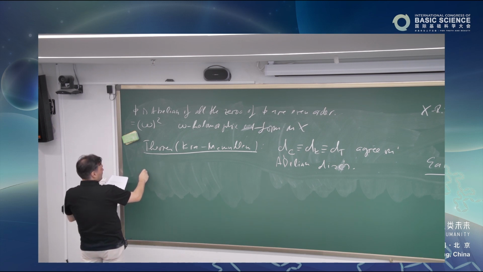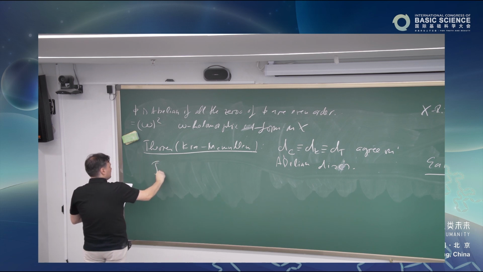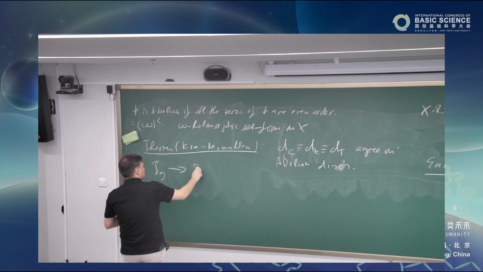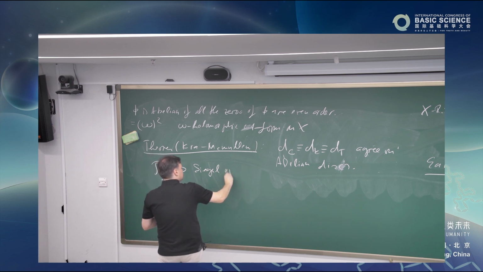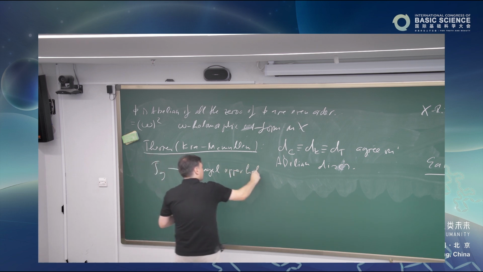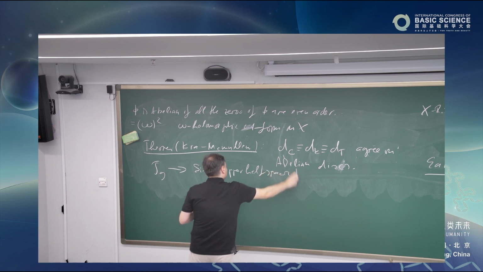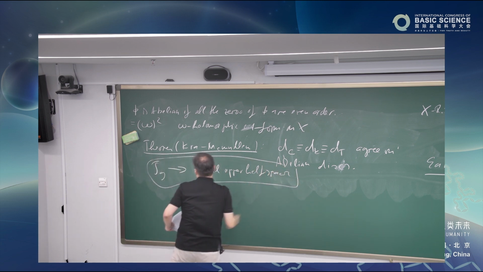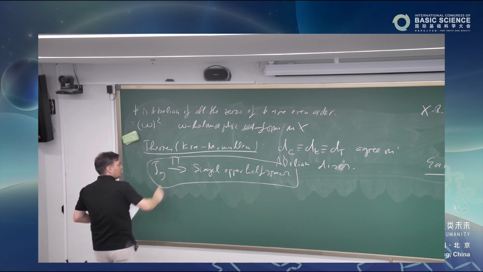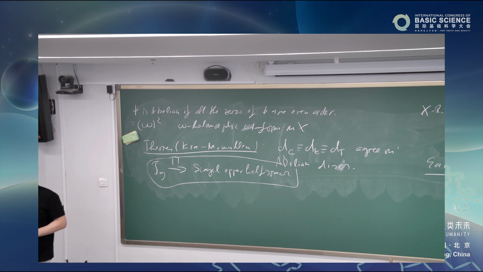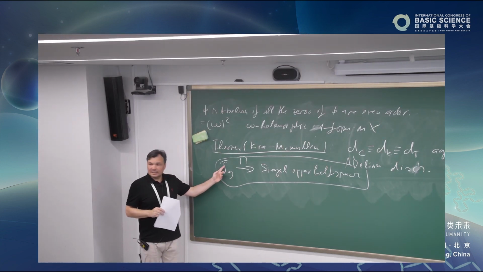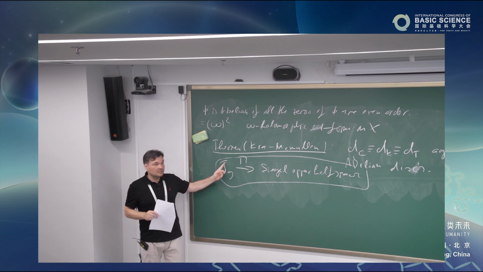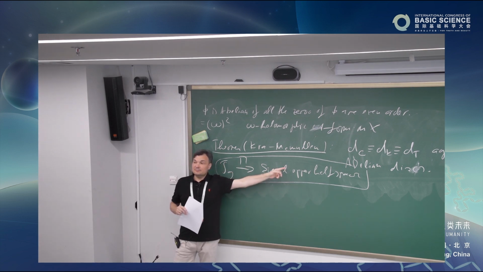You map the Teichmuller space into the Siegel upper half space by the period map. Let me not write out the period map, but the point is that this is an embedding of the Teichmuller space into this symmetric space.